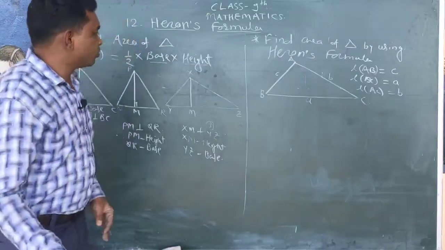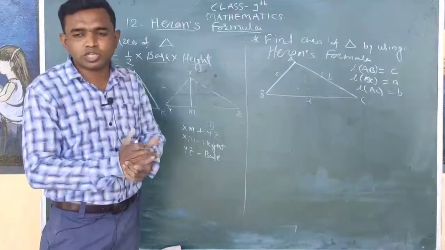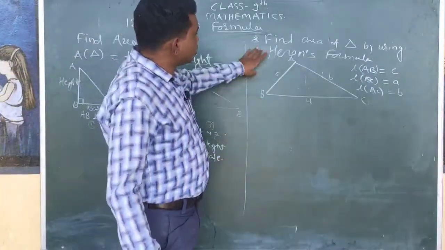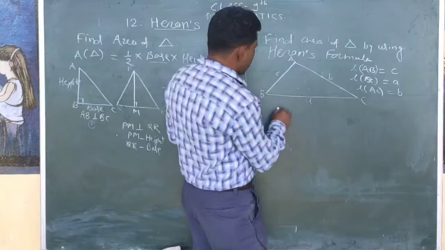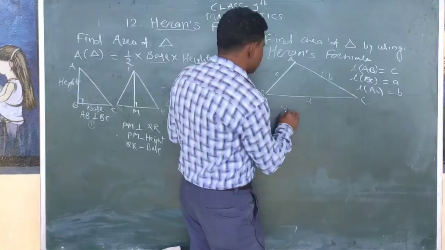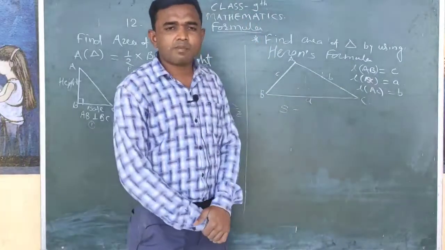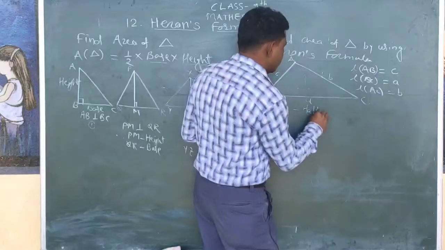Now we have to find the area of this triangle by using Heron's formulation. To use Heron's formula, we must know the value of the half perimeter, that is s. S is called the half perimeter value.